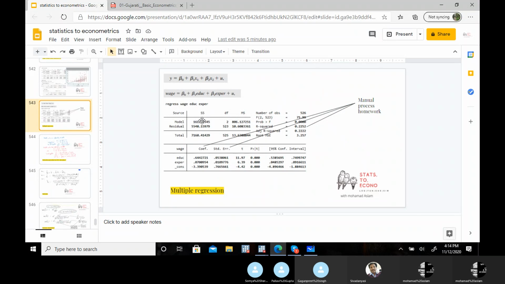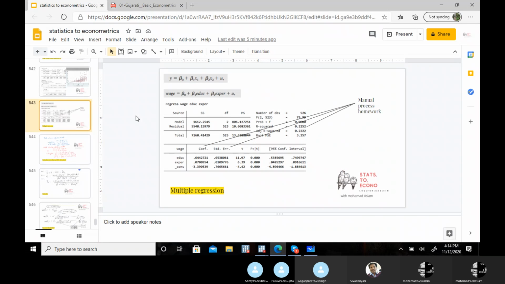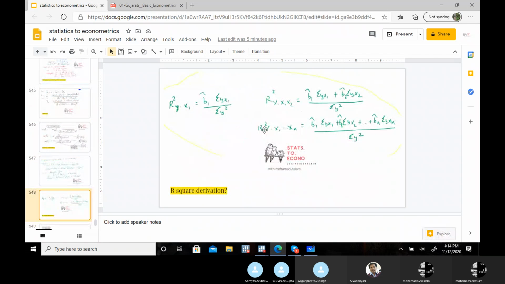This first part, explained sum of square, is this numerator part, okay? This is Gujarati, so here they are using x2, x3. In Koutsoyiannis, they use x1, x2. It means only two independent variables are here. If it's more than that, it goes up to k, that I told you with this R square method. It can extend up to k, depending upon how many independent variables you have.